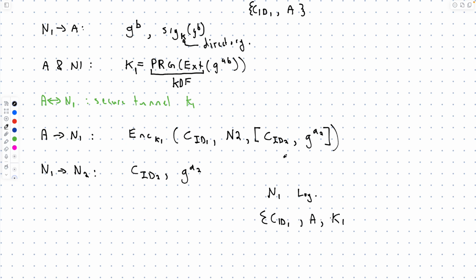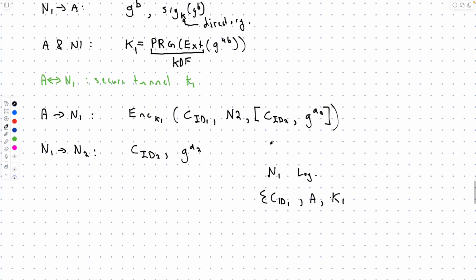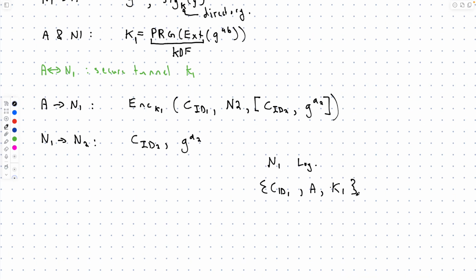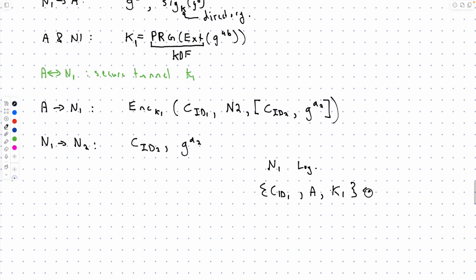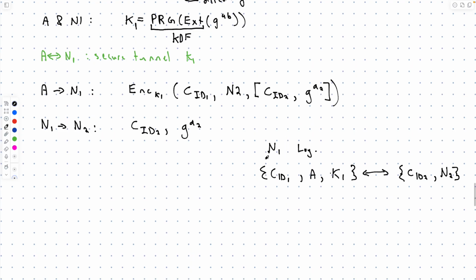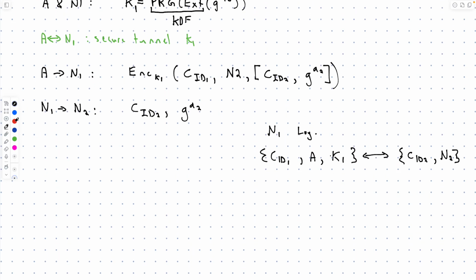And now it also knows that anything coming over this circuit ID is being relayed to CID2, which corresponds to node 2. This is the information that it keeps temporarily just to do its job.